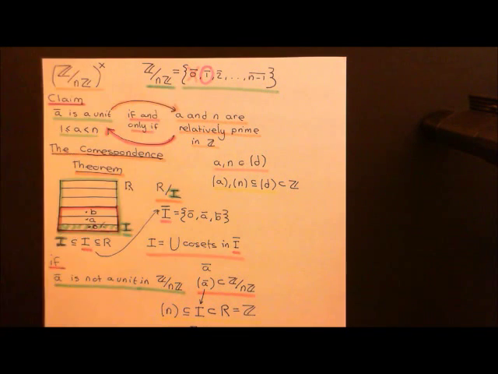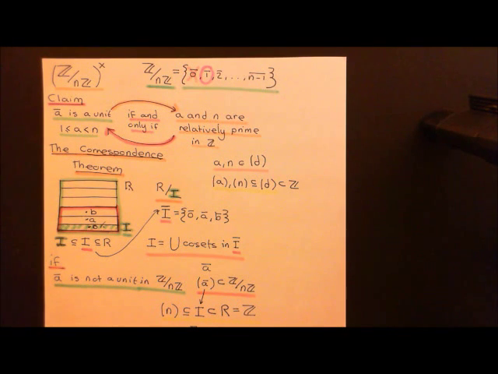So 1 bar is certainly always going to be a unit, which of course we already knew, but now this gives you a way of deciding whether the other ones are going to be units as well. You just have to ask, is it relatively prime to n? That is, is it true that the only common divisors of the two are 1 and negative 1? You don't have any non-unit element in the integers that is a common divisor for the two.